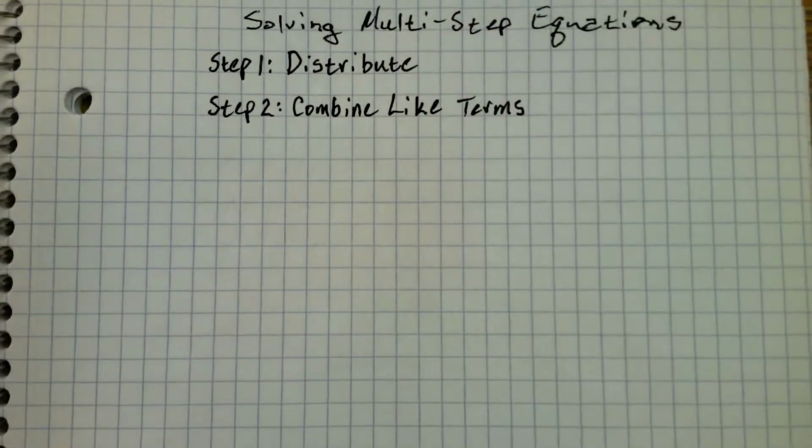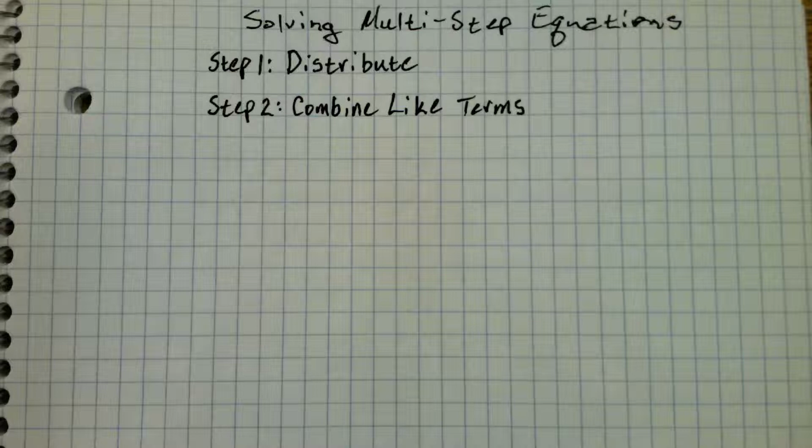The other IXL you had on Tuesday was practicing combining like terms, looking for variables and numbers that had the same exponents and then combining them.